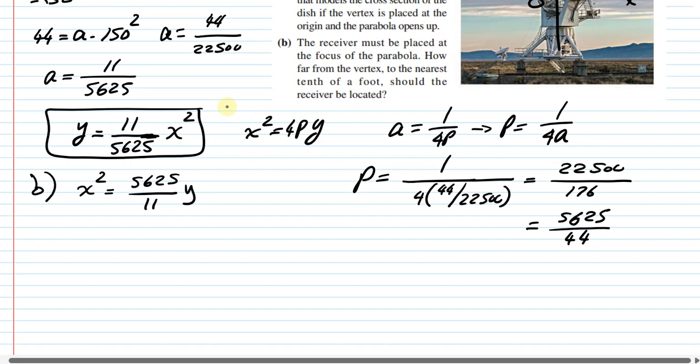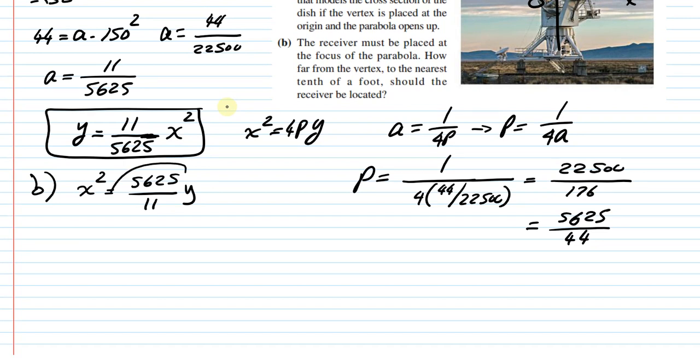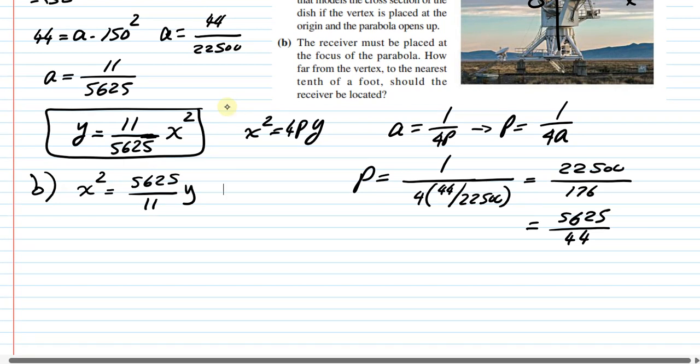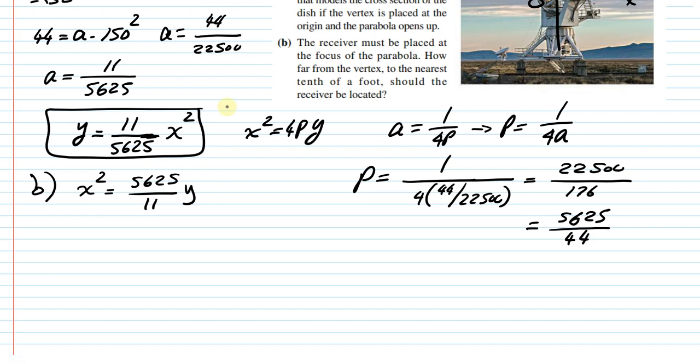So what's in front of y is 4p. From this we can find p, but we found p here again, so there's no point doing it twice.